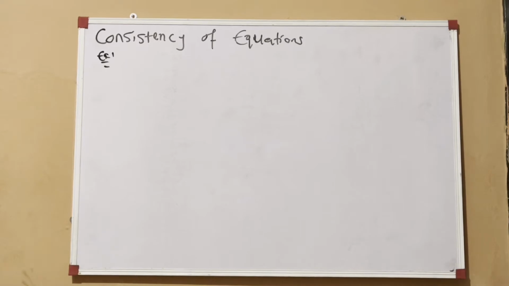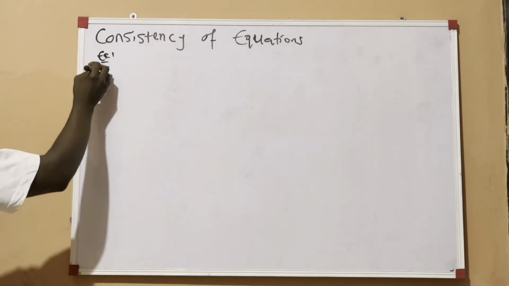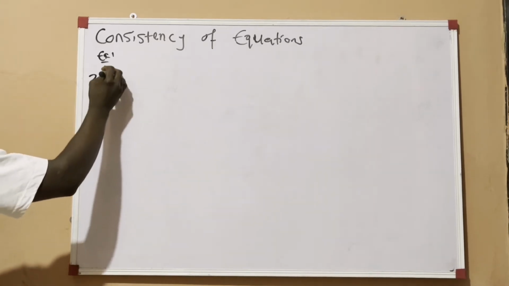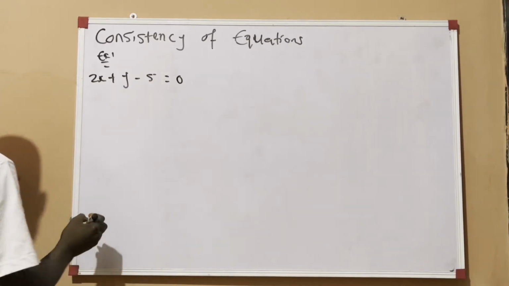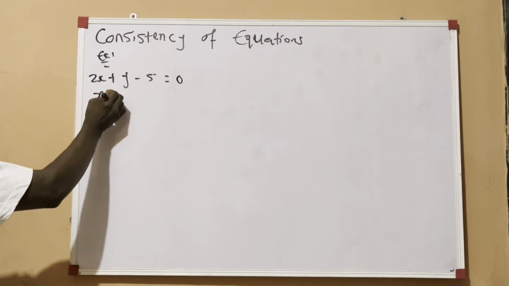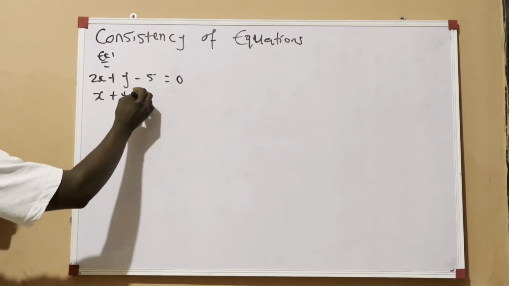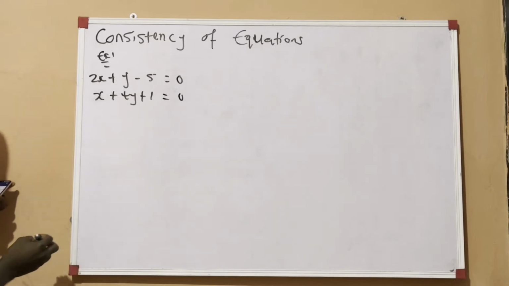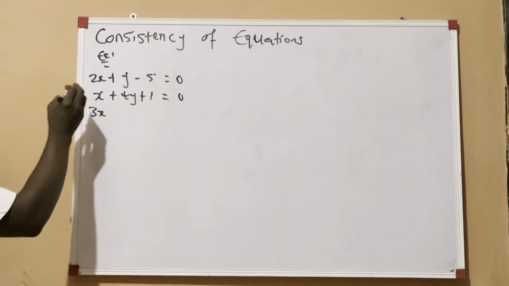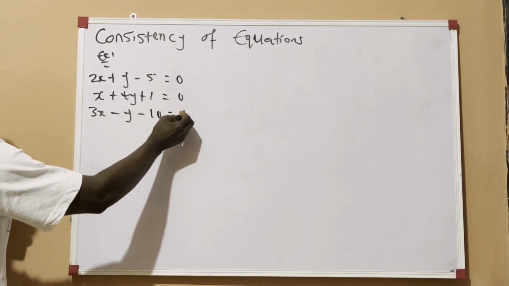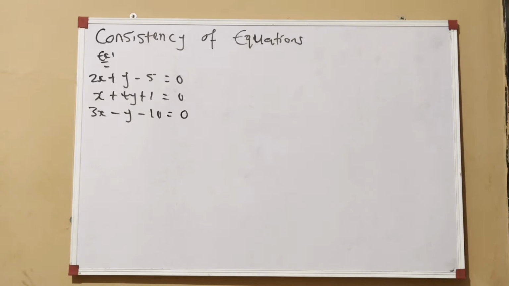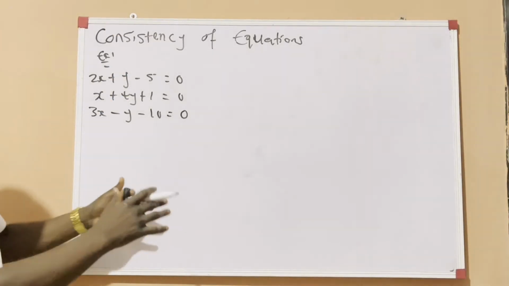Example number 1 says: 2x plus y minus 5 equal to 0, and x plus 4y plus 1 also equal to 0, and 3x minus y minus 10 equal to 0. And we are told to test for the consistency of these equations.